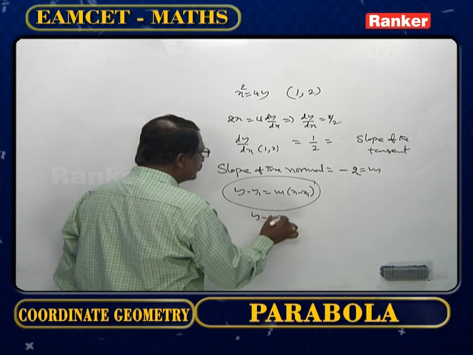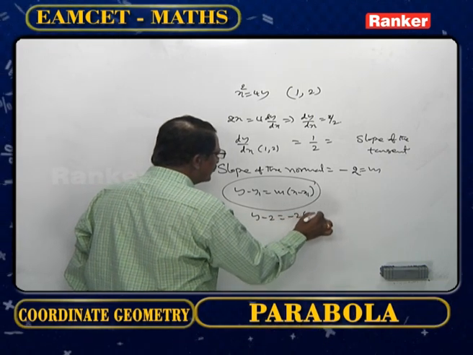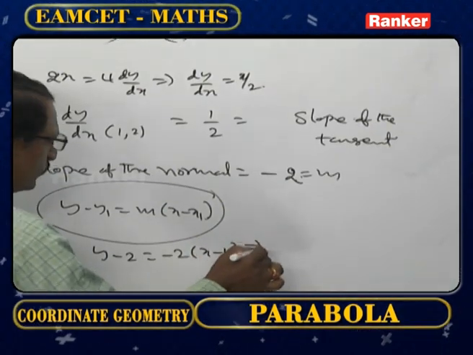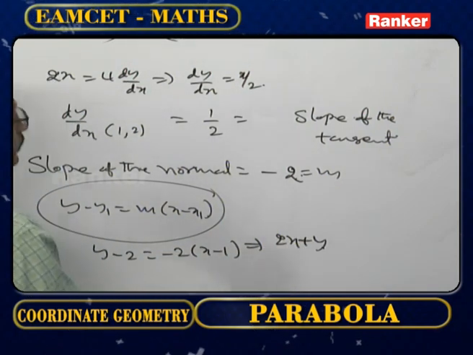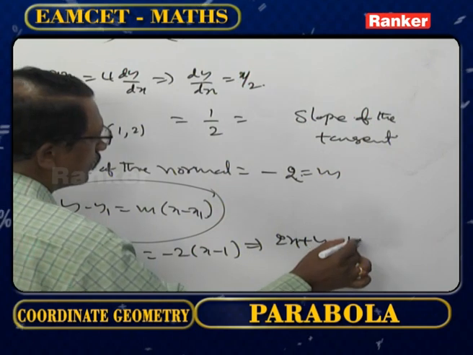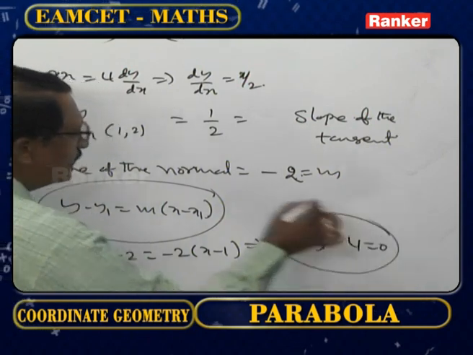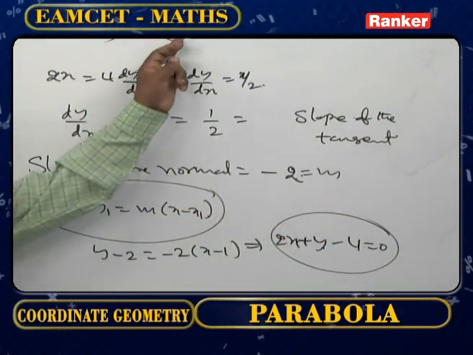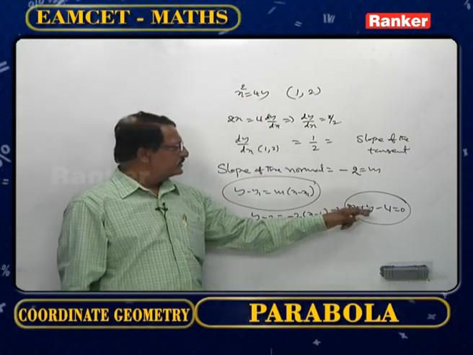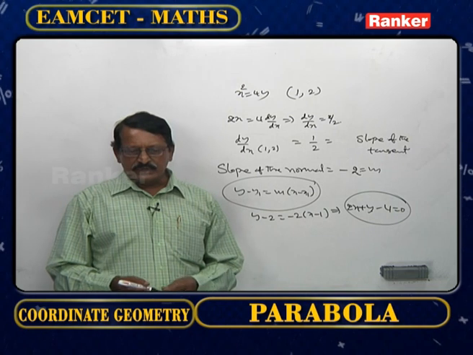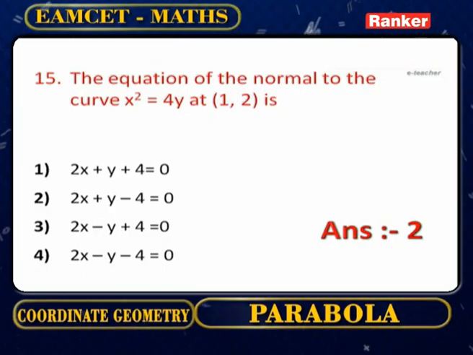Now y minus 2 equals minus 2 into x minus 1. Further simplifying, we get 2x plus y minus 4 equals 0. The required equation of the normal at the given point 1 comma 2 to the given parabola x square equals 4y is 2x plus y minus 4 equals 0. Second option.